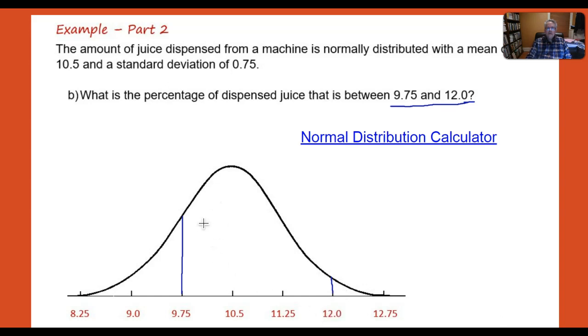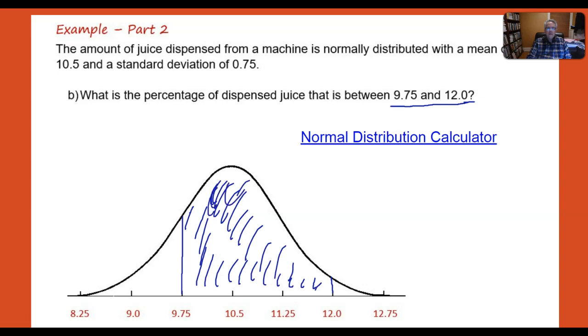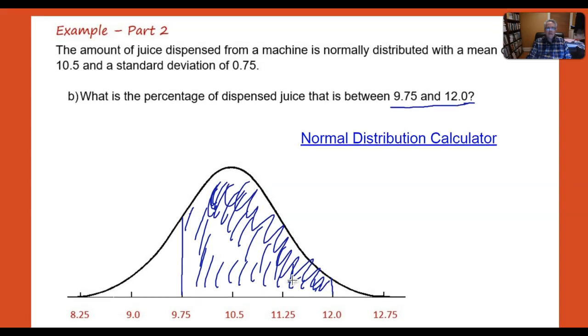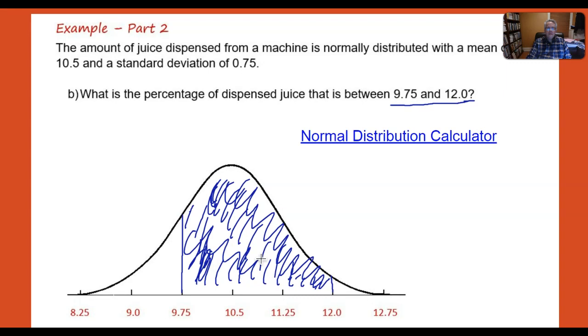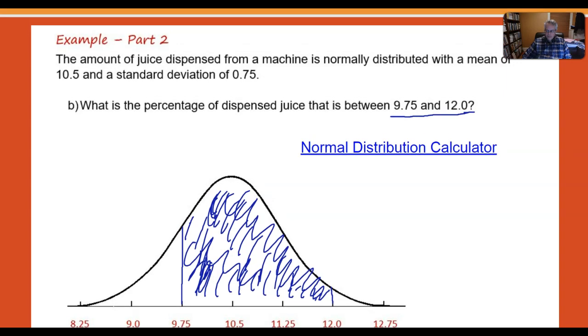We want to know the percent of time it's in between those values, so it's the area under the curve between those. So this area right here, whatever that is, represents the percent of time it's filled that much.